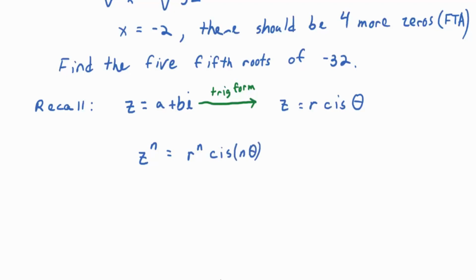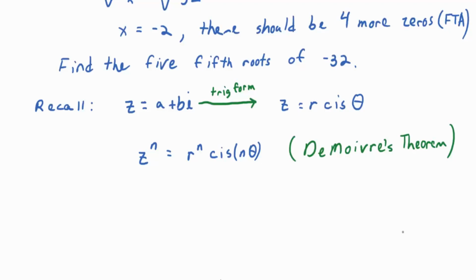This is De Moivre's theorem. The power theorem. Well, it turns out that this theorem holds when you replace n with 1 over n, which represents the nth root.